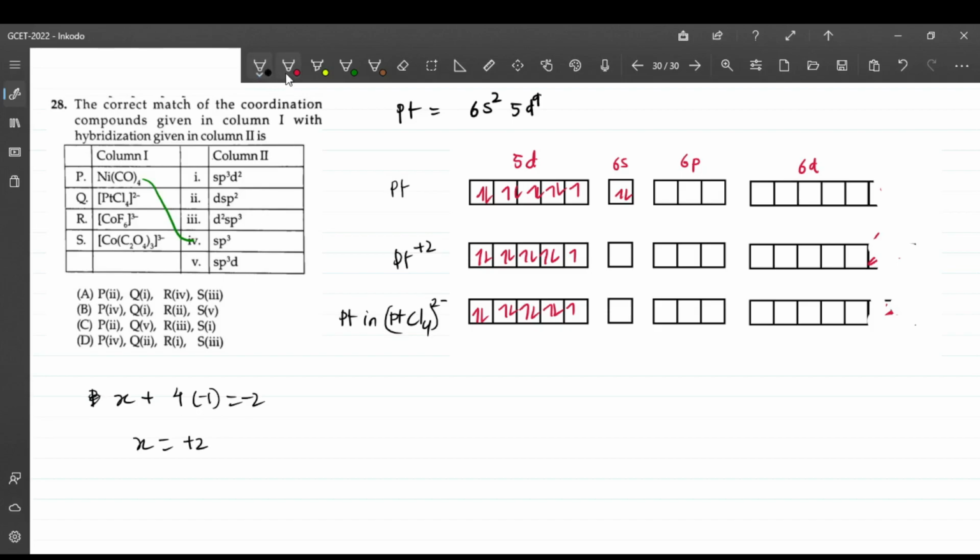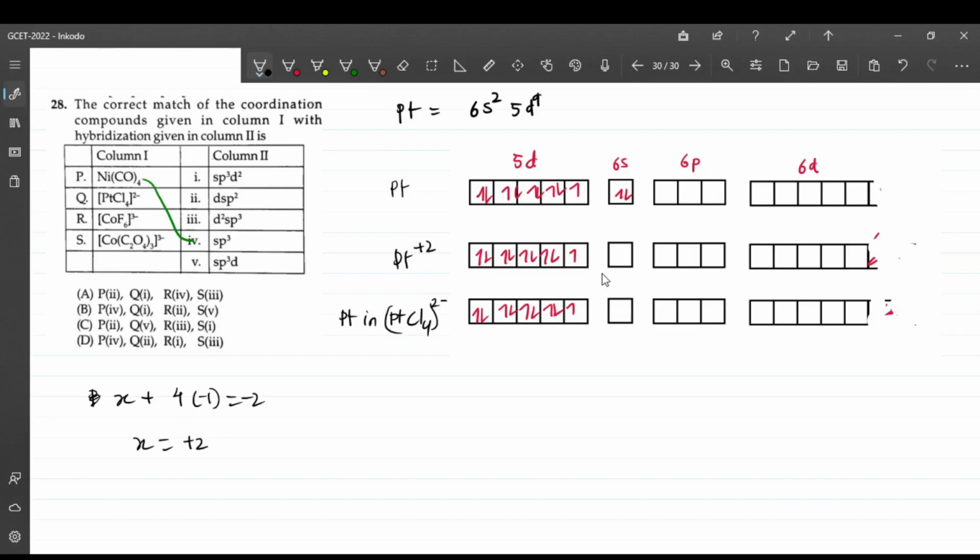There are 4 ligands. Chlorine is a weak field ligand, so pairing is not going to take place, and 4s1 3d9.